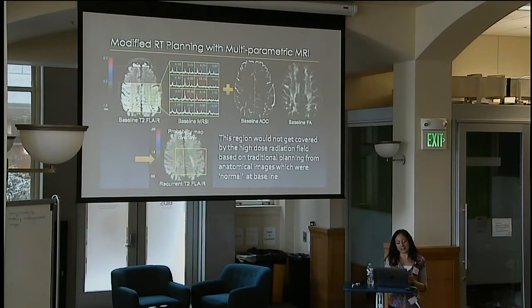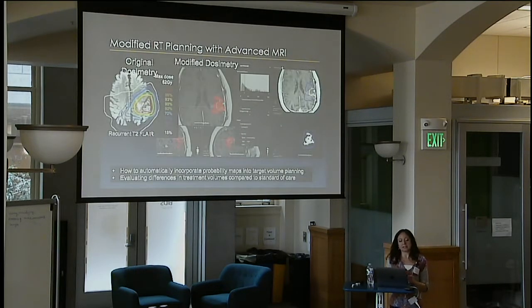If we can know this beforehand, we can plan the radiation therapy to include this area that wouldn't otherwise be included because it is not yet visible on the anatomical imaging. Right now, radiation therapy planning is purely based on an equal geometric expansion of the anatomical lesion.